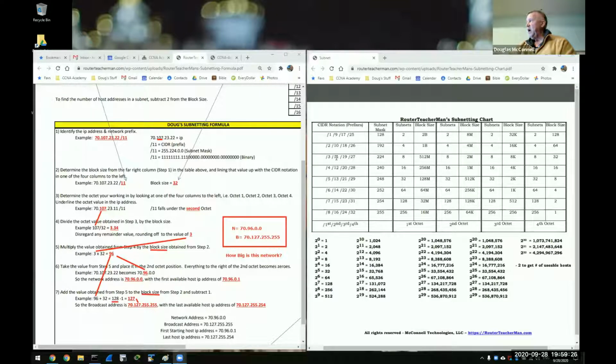The /11, right? Second octet. Well, let's look at the block sizes in the second octet. Basically 2 million. Do I know that exact number? I sure do. This one right here. 2,097,152.